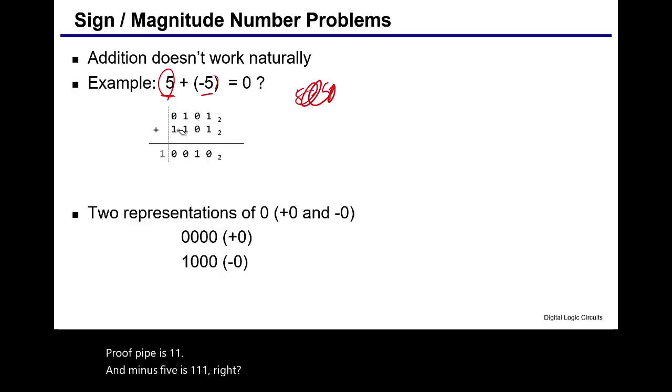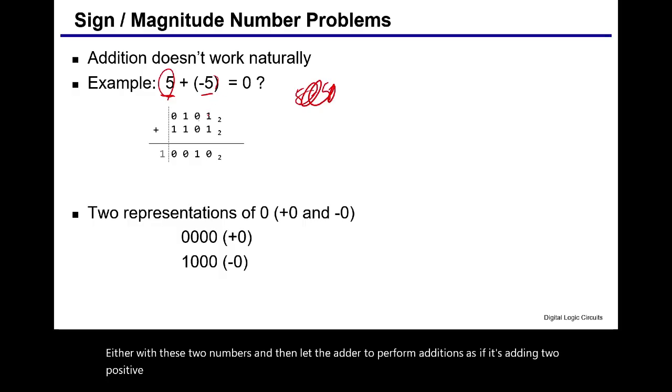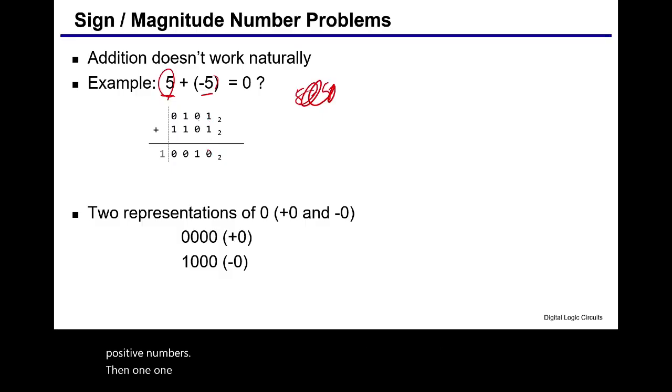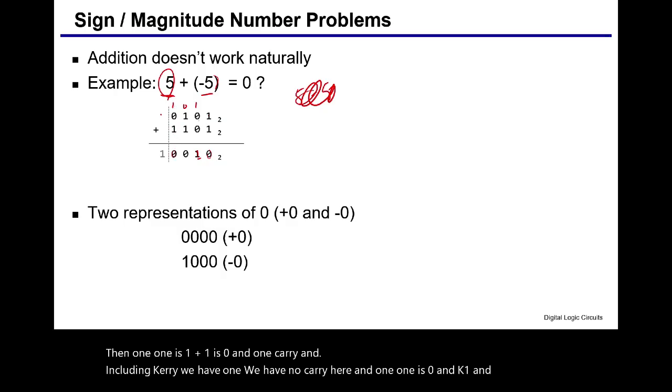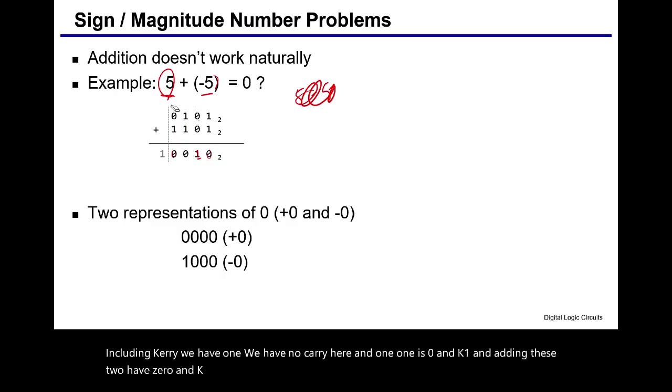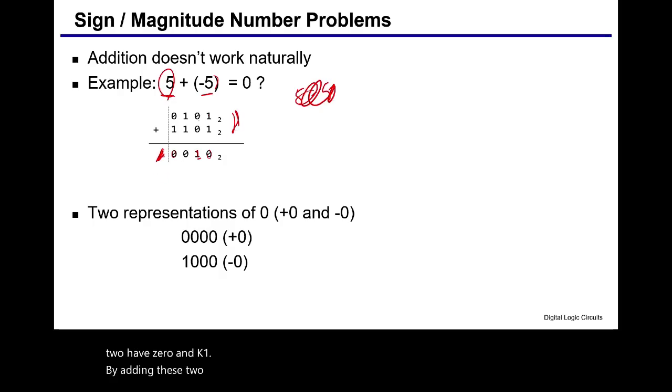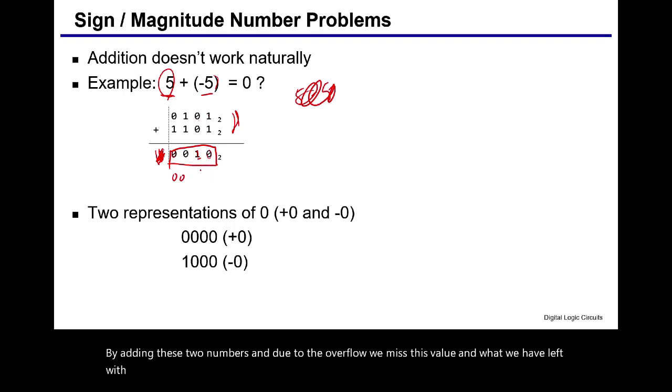Let's say we give the adder these two numbers and let the adder perform the addition as if it's adding two positive numbers. Then 1 plus 1 is 0 and carry 1, and including the carry we have 1, and so on, and due to the overflow we miss the last carry, and what we are left with is 0010.